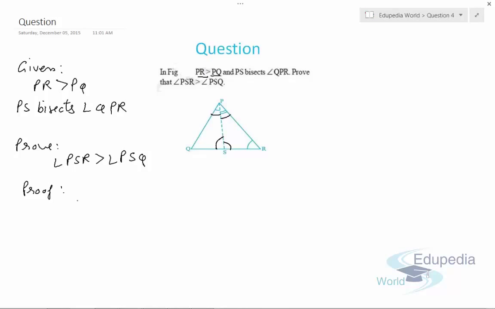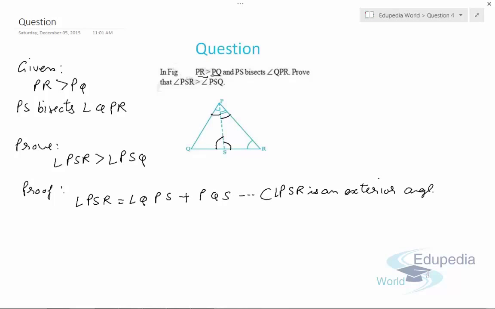We can write that angle PSR equals angle QPS plus angle PQS. Why? Because angle PSR is an exterior angle to triangle PSQ.